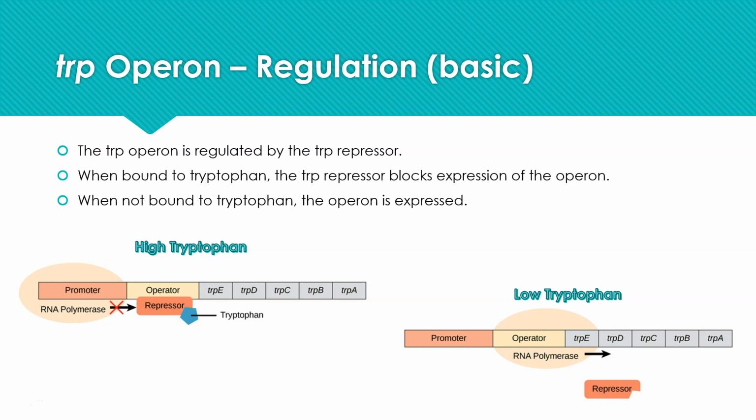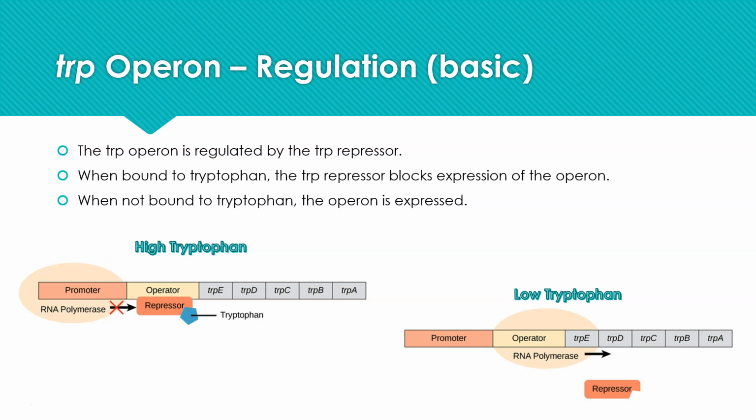And as soon as the repressor binds to the operator region, it becomes a roadblock for RNA polymerase. And that means that RNA polymerase, whilst it can attach to the promoter, it cannot move past the repressor. Therefore, it cannot transcribe those structural genes. So when there's high tryptophan, the tryptophan attaches to the repressor, allowing the repressor to attach to the operator, causing RNA polymerase to be blocked and stopping transcription from happening.